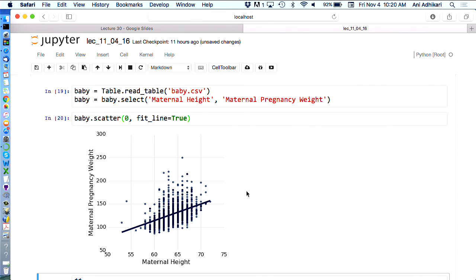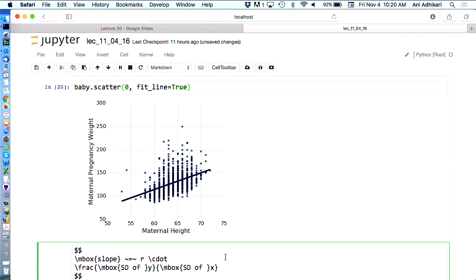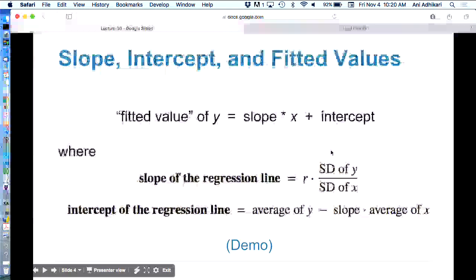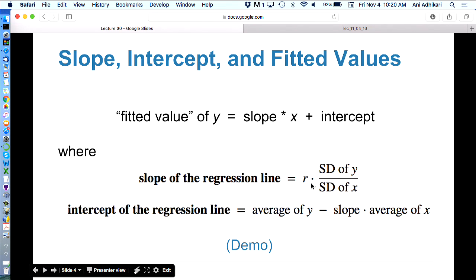What I'd like to do is look at the slope, because the slope is a ratio. Let me go back to the slide so you can see it bigger. The slope is a ratio. R has no units, but Y has units and X has units.